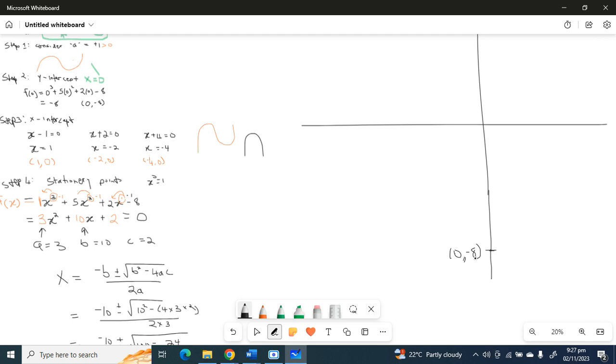Next, we need our x-intercepts, 1, 0. So 1, 0 is somewhere here. -2, 0. And -4, 0.